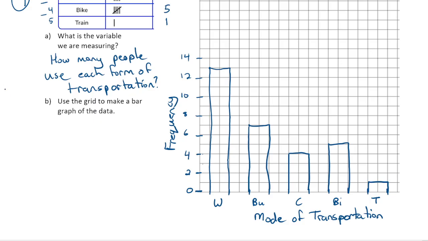And then you should color in every bar its own color, or at the very least use its own kind of hatching scheme so they all are distinct. Something like that.